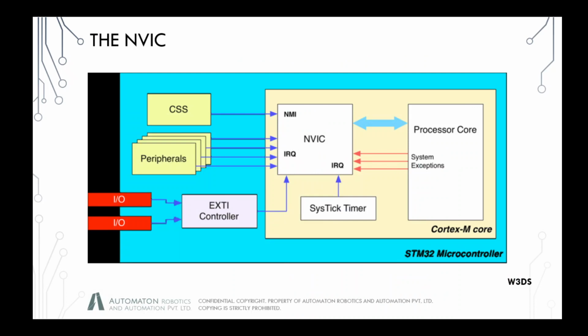So there is a dedicated hardware unit, and the diagram shows you the relation between the NVIC unit, the processor core, and the peripherals. We have to distinguish between two types of peripherals. The first are those that are external to the Cortex-M core but internal to the STM32 MCU. Here, peripherals is the term used for anything that is not part of your arithmetic logical unit or the Cortex-M core.